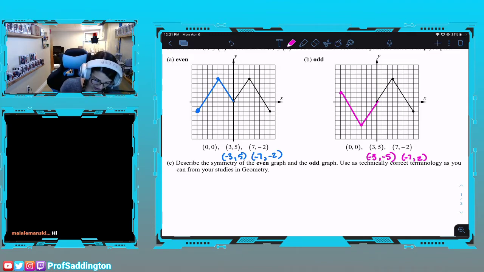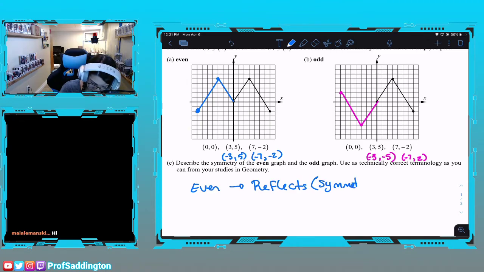So if we want to check out some of the graphical features of this for even, if you look at that, it looks like the letter M, but it reflects, it has symmetry over the y-axis.